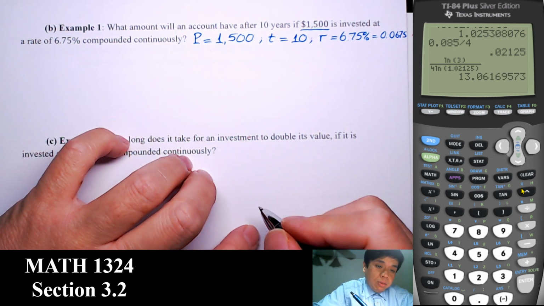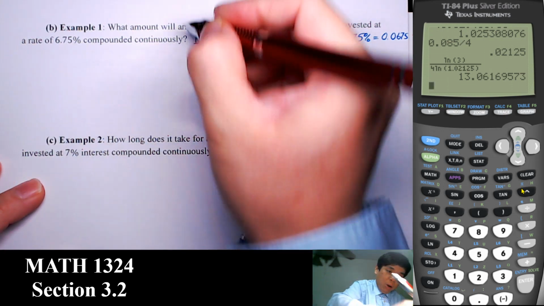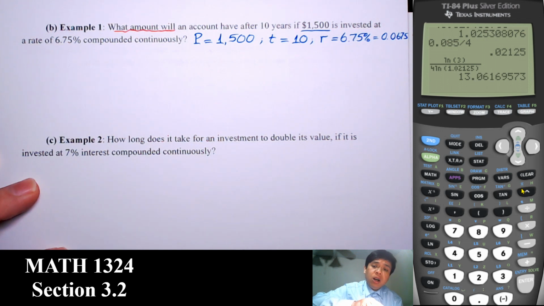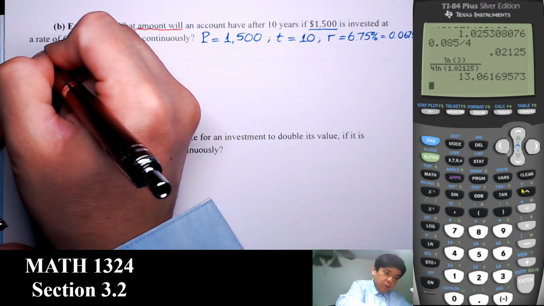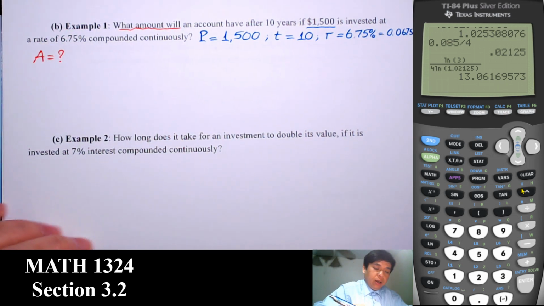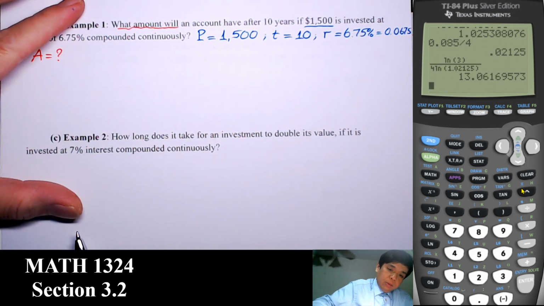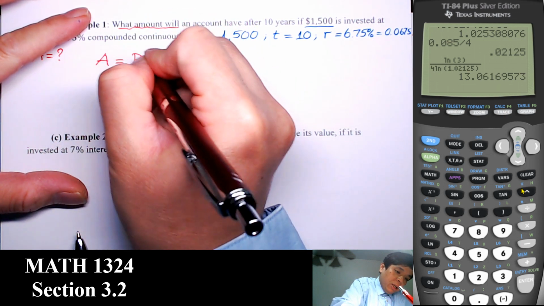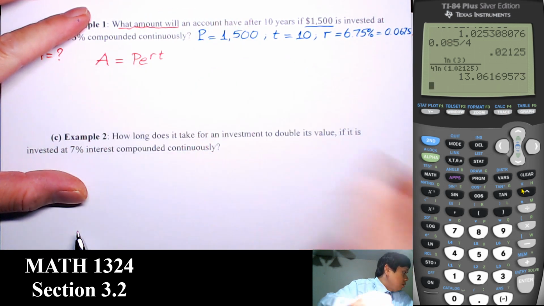And everything. And ask what amount will be. So that's pretty much asking for the future value. So A equals P e^(rt).